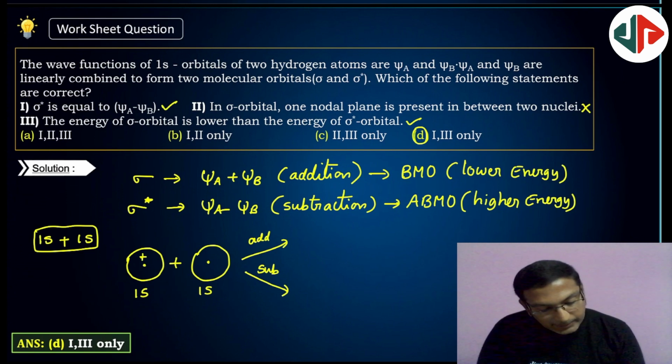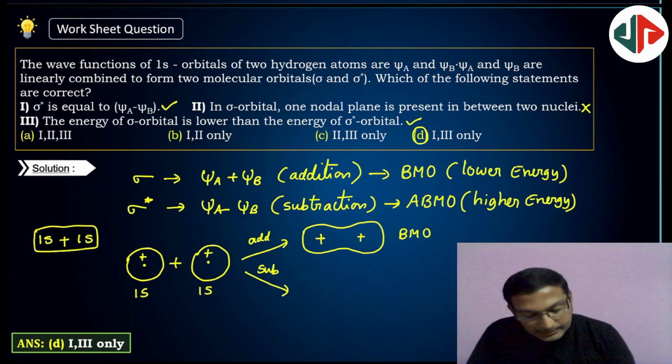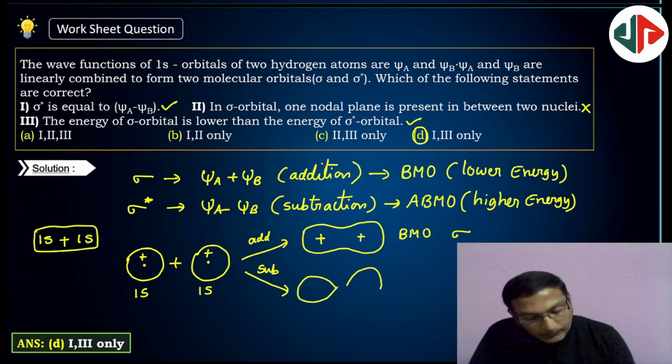So additive overlapping, I am writing here plus and plus. Additive overlapping will give bigger orbital. This is bonding molecular orbital. Say this is sigma, linear combination. Next, anti-bonding. Plus and minus. Here there will be nodal plane.